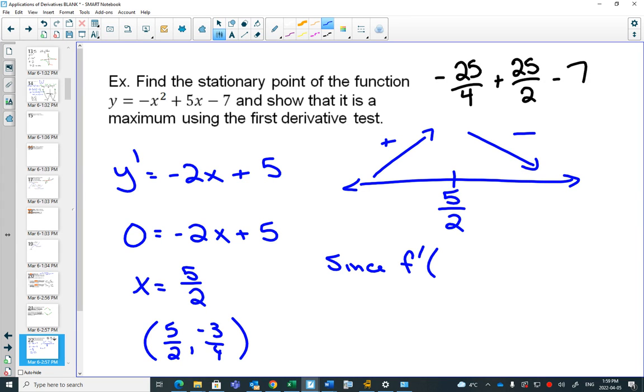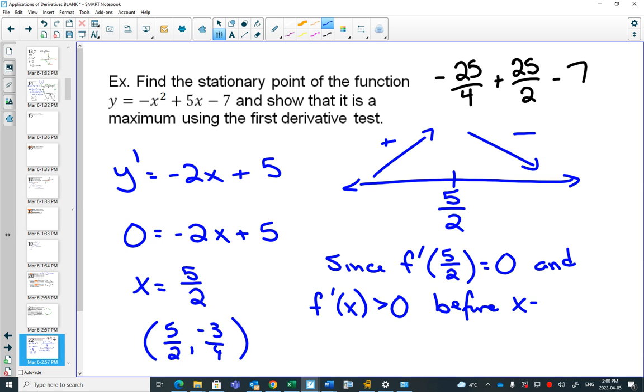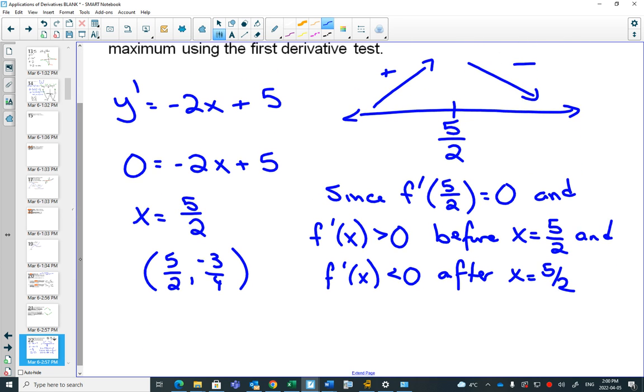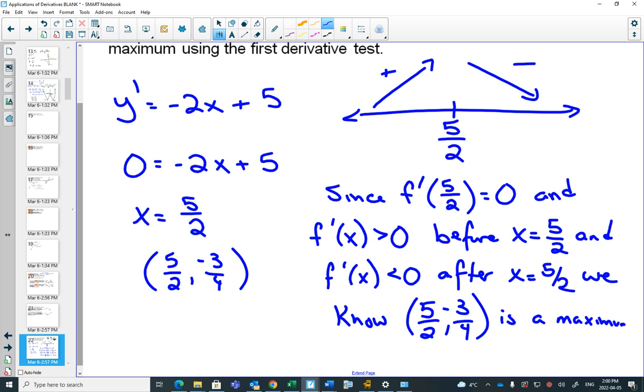Since f prime at 5 over 2 equals 0, and f prime of x is greater than 0 before x equals 5 over 2, and f prime of x is less than 0 after x equals 5 over 2, we know that this point is a maximum.